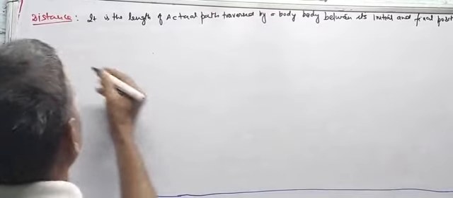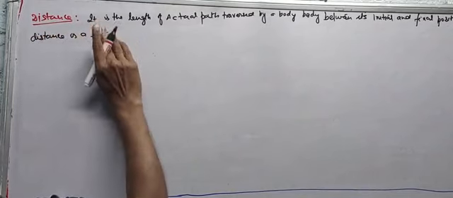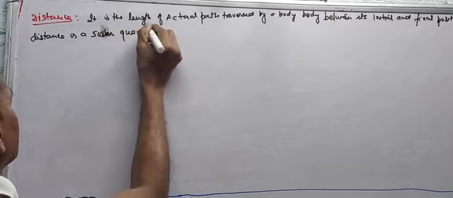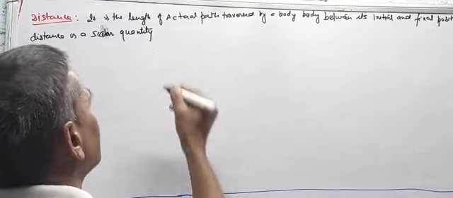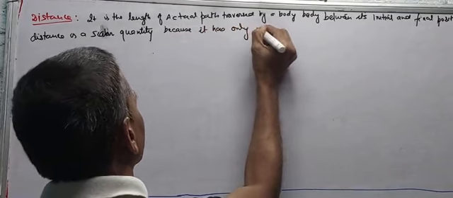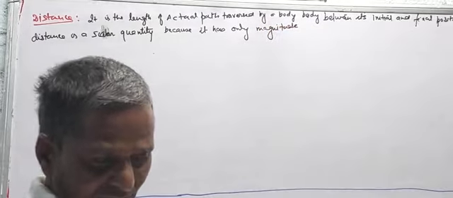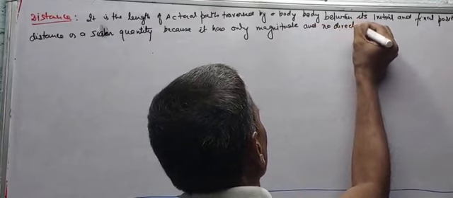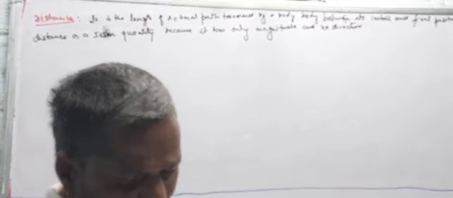Distance is a scalar quantity because it has only magnitude and no direction. Distance covered is always positive or zero.